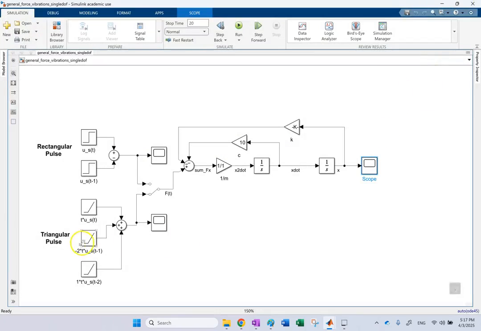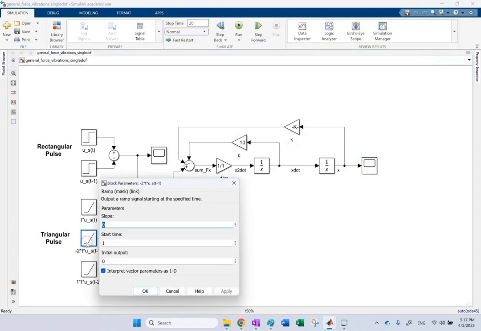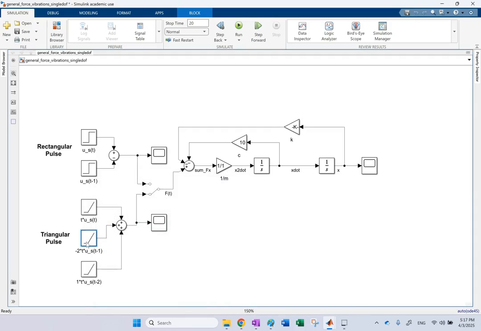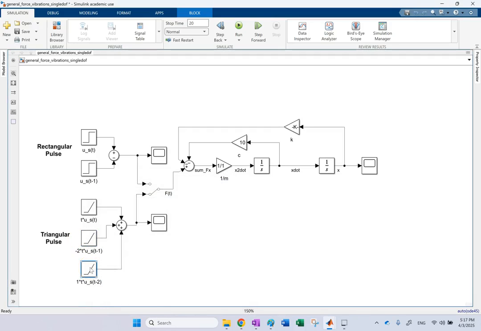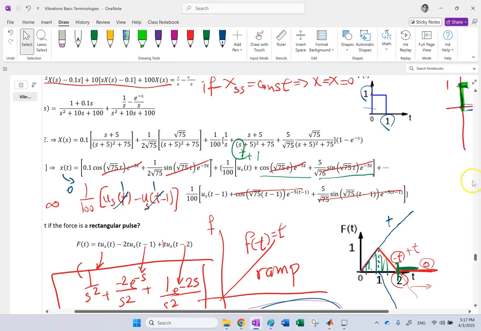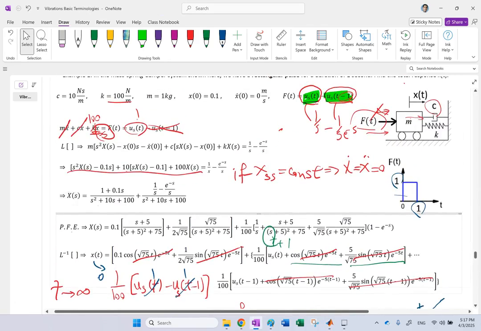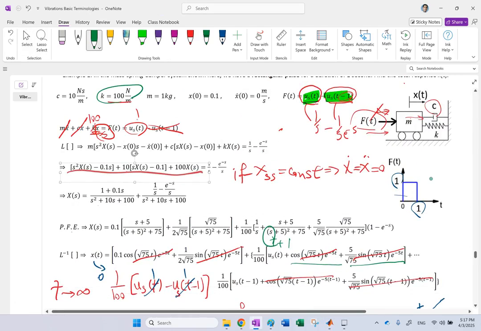Now, where would you get the slope of 0.01 from? Let's see if you remember what I just explained for you. Where would you get that 0.01 from? Excellent, you are right. That comes from this K.